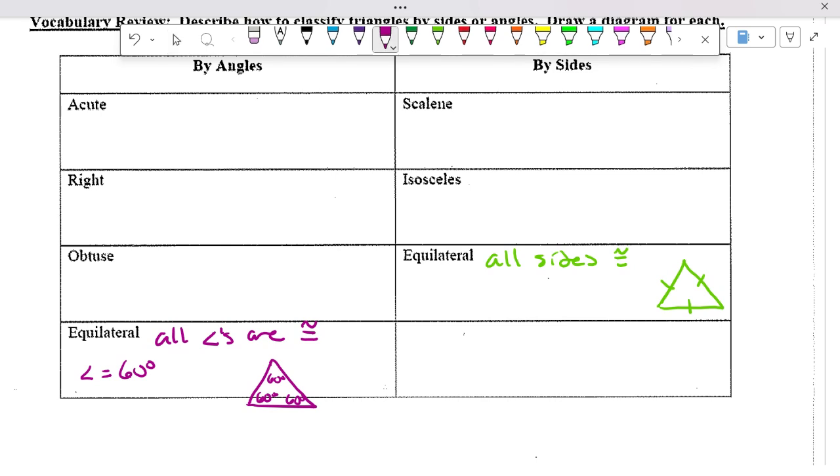So in an isosceles, 2 sides are congruent, as well as 2 angles. So if I look at the triangle, 2 sides would be marked congruent, and the opposite angles of those 2 congruent sides would also be congruent.